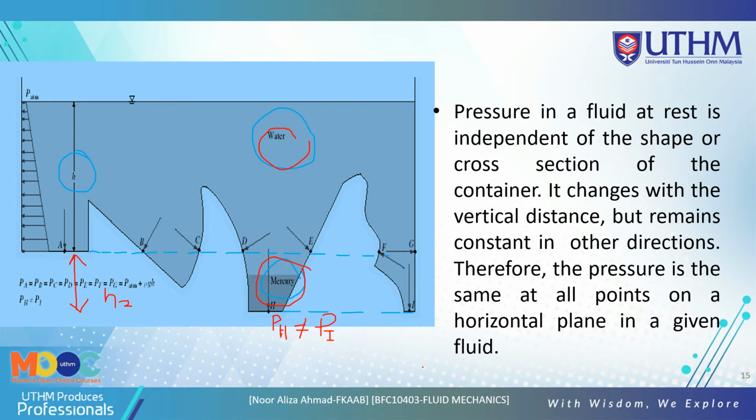If a question comes out like this, with a figure where the shape is not the same as this one, you can explain based on the same level, the same fluid and the same depth, using this concept of variation of pressure with depth.